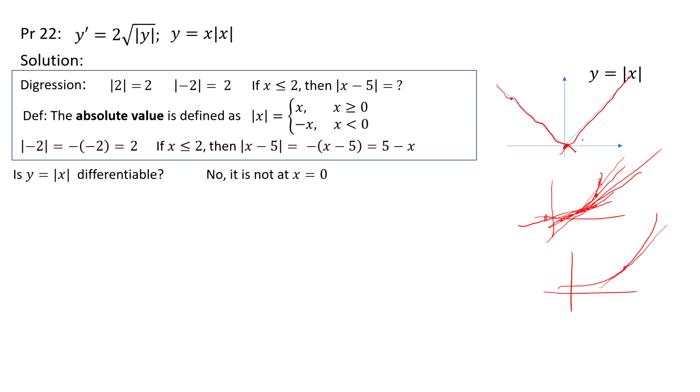And that ambiguity is precisely why this function is not differentiable at x equal to 0. y equals absolute value of x is not differentiable at x equal to 0 because the tangents based on points left and points right are not the same. In fact, any sharp corner, it's the same situation. Okay? So that is the idea.